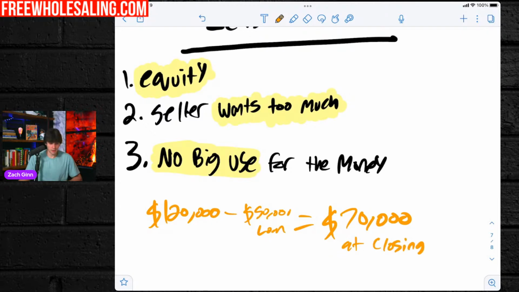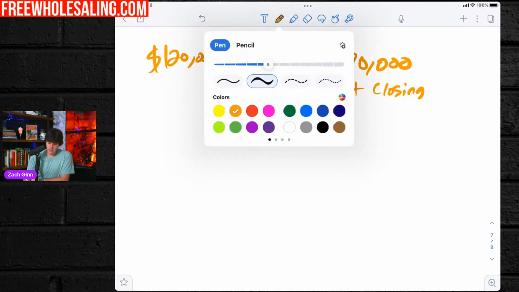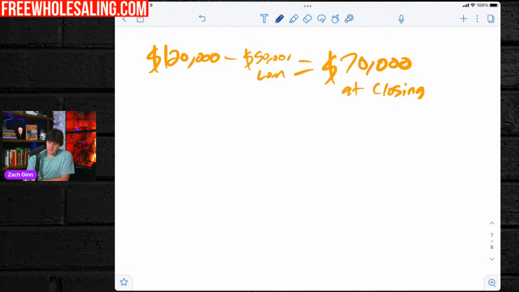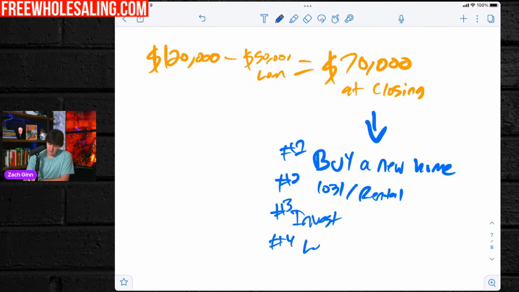Pretty simple, right? Here's the main issue here, guys and gals. Most sellers, when they get that $70K, they'll use it to, number 1, buy a new home. They might do a 1031 exchange, buy another property, maybe even a rental. Maybe they're going to invest into something, or number 4, they just leave it in the bank.